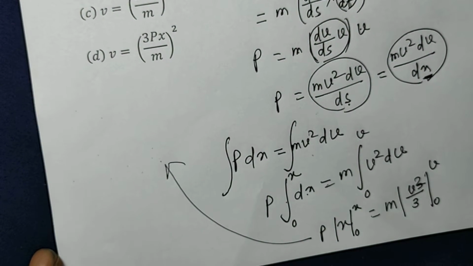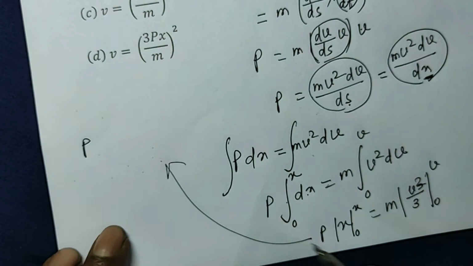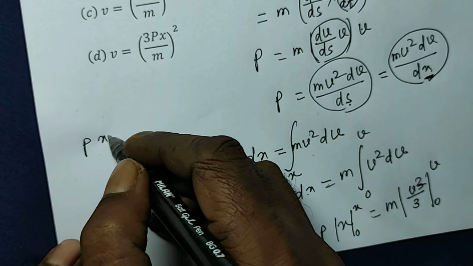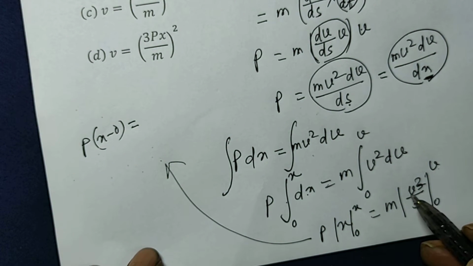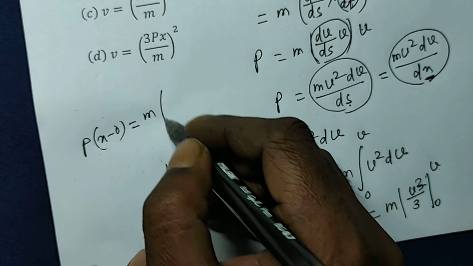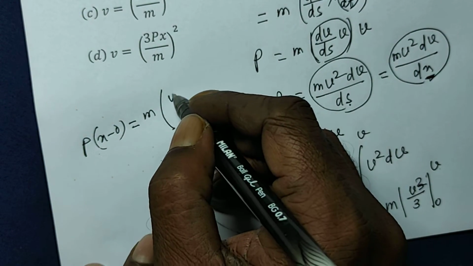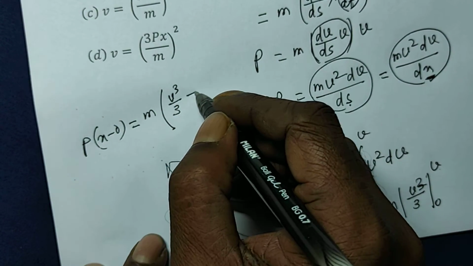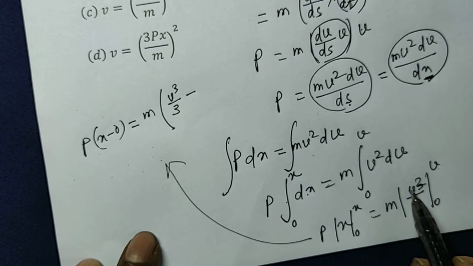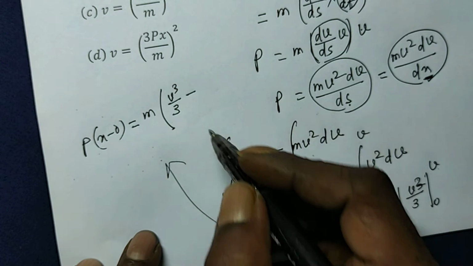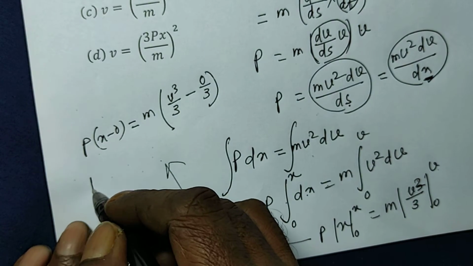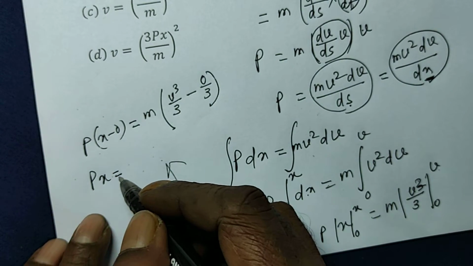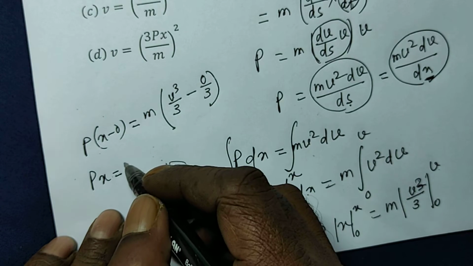P times the upper limit x minus 0 is equal to, I put v here, m times v cube over 3 minus, if you put 0 here, 0 to the power 3 is 0, 0 over 3, 0 by something is 0. So P times x is equal to m v cube over 3.